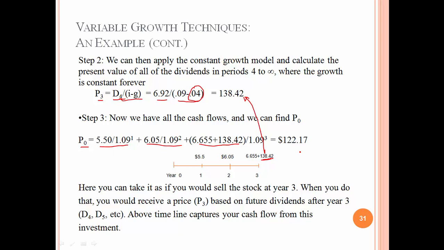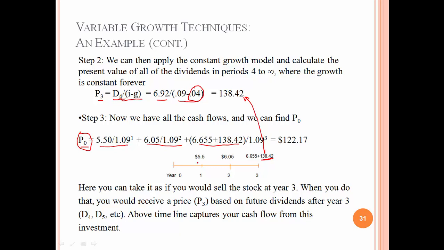So this is a 3-step approach, or a multiple-step approach, to calculate the stock price P0, today's price, for a company stock that has supernormal growth, or variable growth.